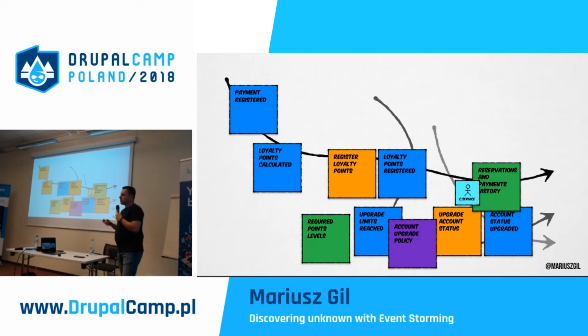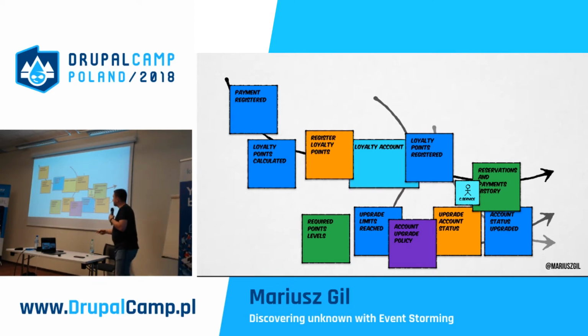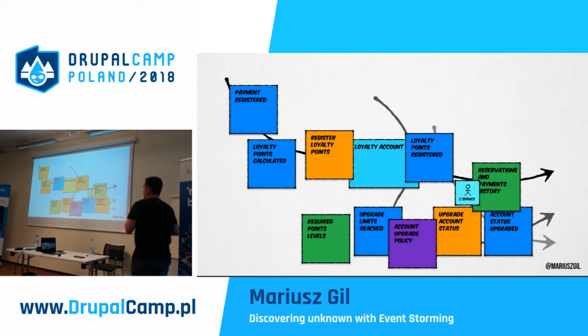And of course, the core of the design using this stuff is all about looking for the objects which should be written into the database. In the terminology of domain-driven design, it's called the aggregate. So in this context, we will have a loyalty account, which accepts the commands and produces the events.